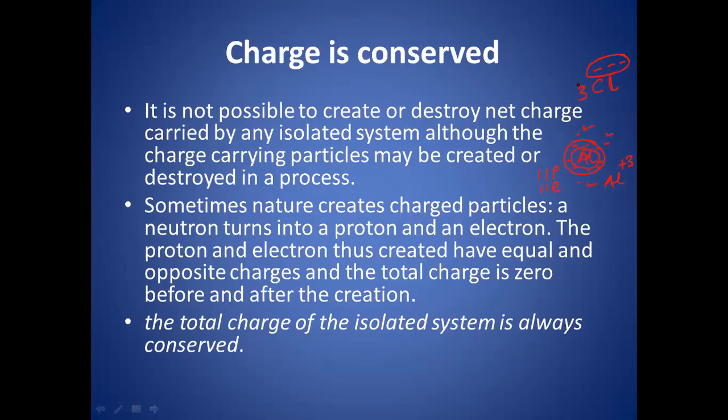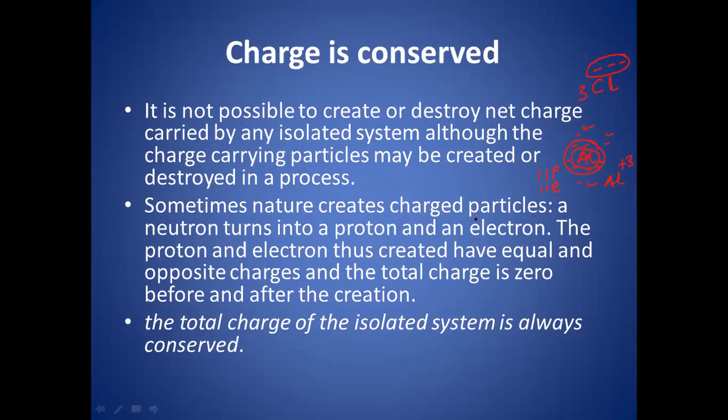As a whole, the 3 negative and 3 positive charge cancel each other. So we cannot create a charge in an isolated system, but for a particle we can. Here 3 charge is taken out, so it becomes positive, and 3 is taken, so this is negative. As a whole, there is no creation of charge.